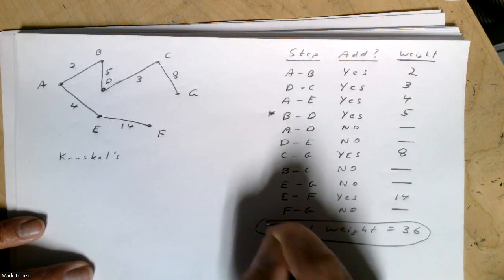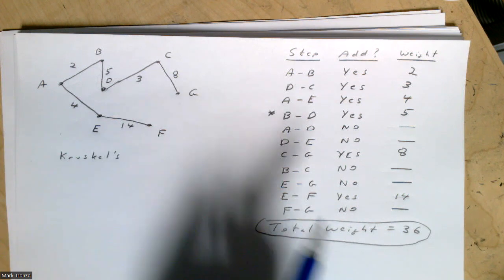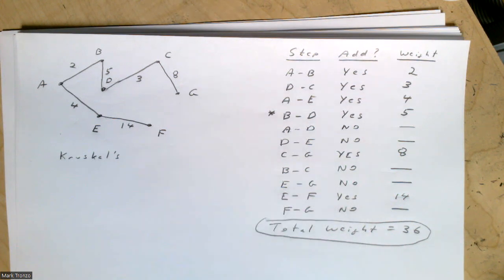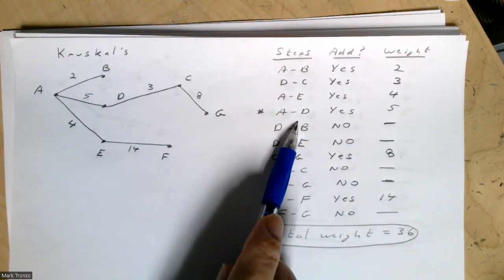Now, in those cases, so it's the same total weight as the last one. In those cases where you have a choice, it's not always going to be that the weights are going to be the same. Now you do notice the graph is slightly different. So here's the graph when we pick AD.